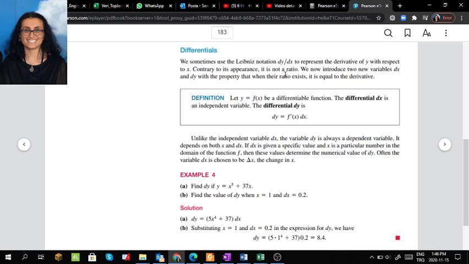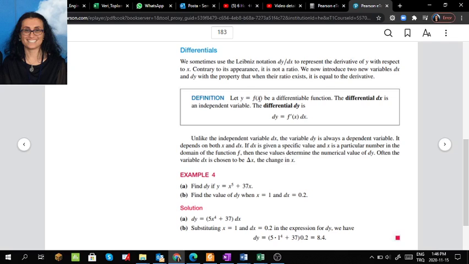As we have seen so far, it's always a ratio, but we can actually separate them and consider each one as a variable. Where does it come from? I'm going to show you a graph. But roughly you can say that dy and dx separately are variables.